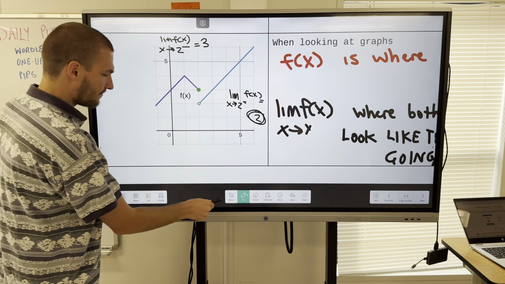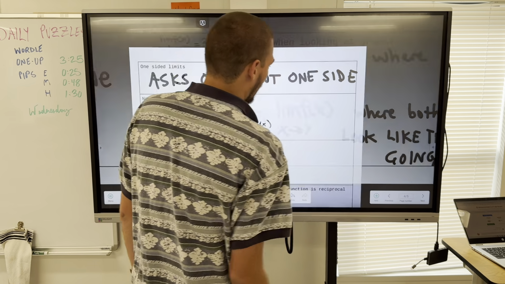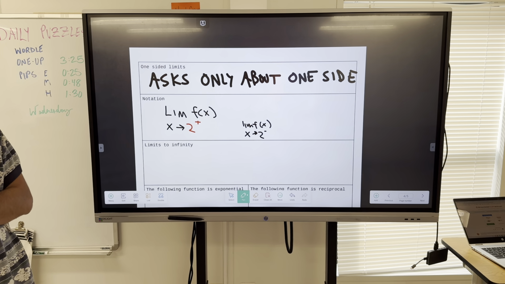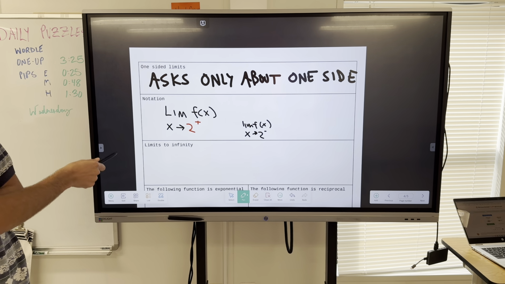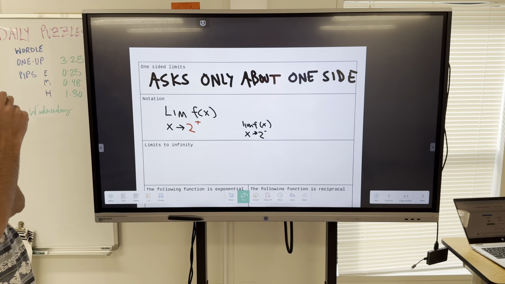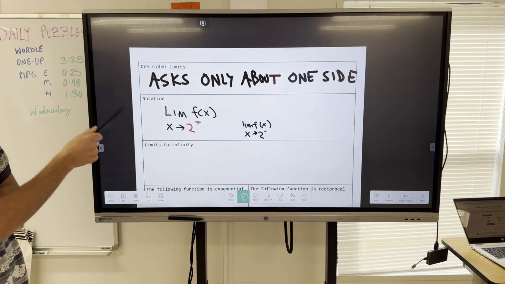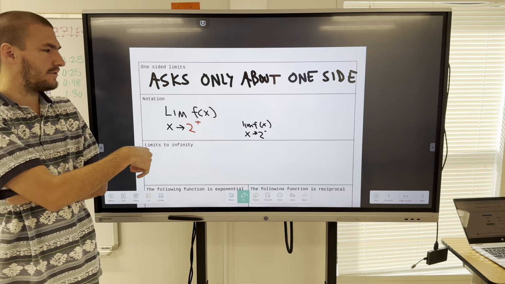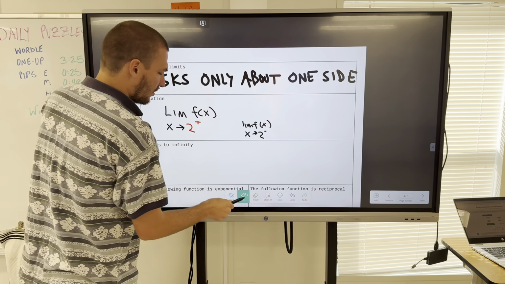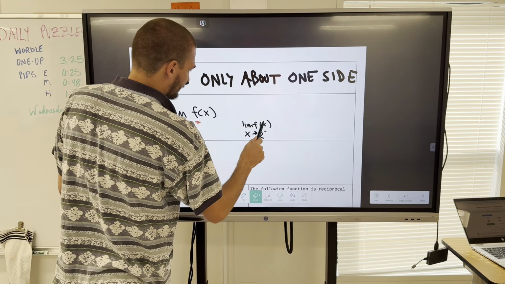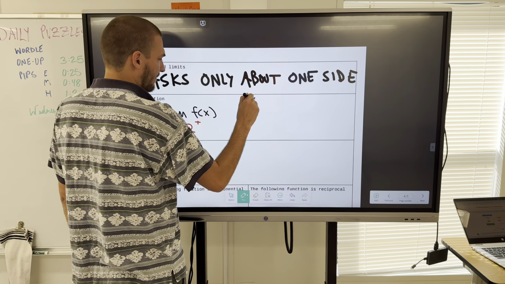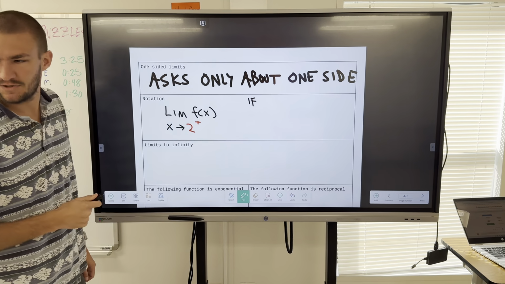Okay. I'm looking for, this is limits to infinity. I wish I had one more box here. Do we still have room in this notation box? Probably. For the most part, you guys probably do. I know we're going back and forth a bit. Okay, here's what I want to write. If, let's make a little theory.